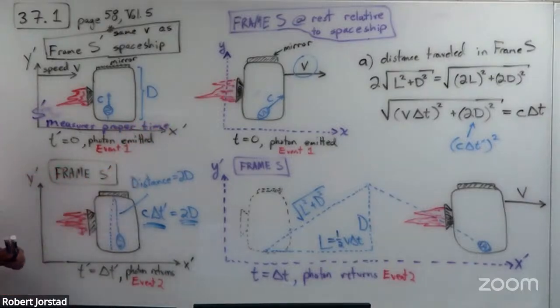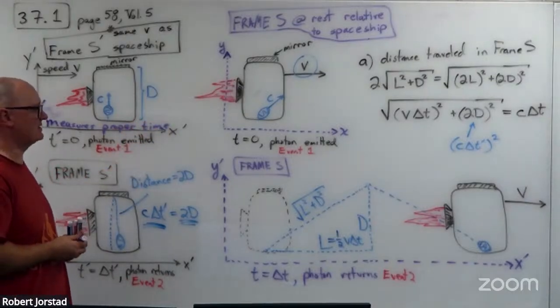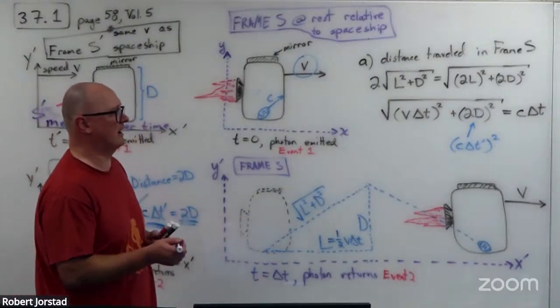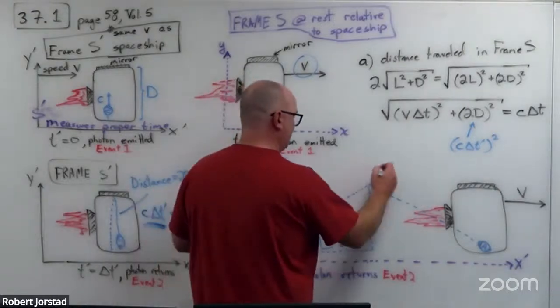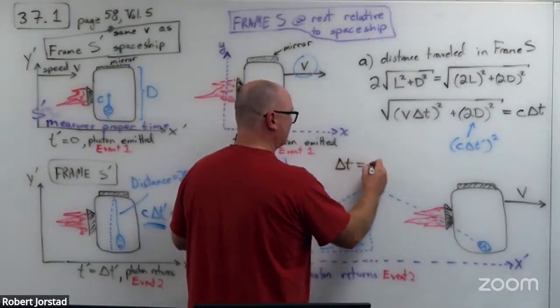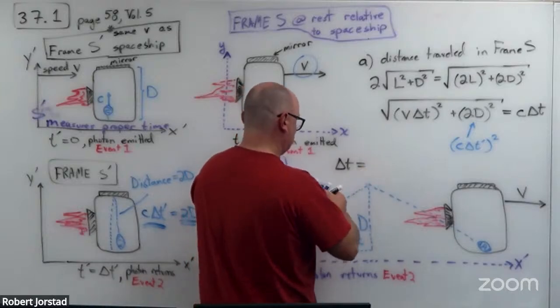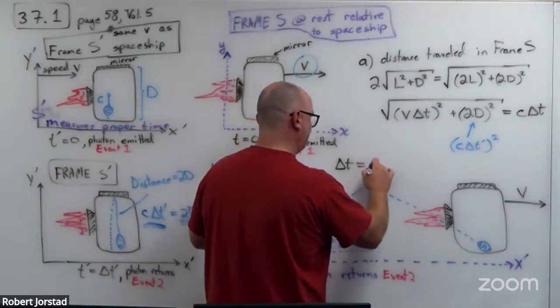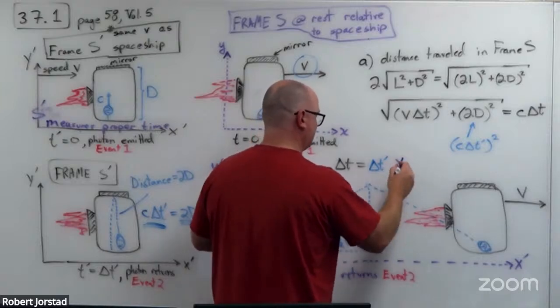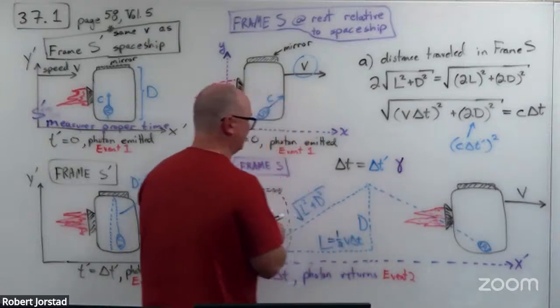Great. Now in this case, this other time ends up being a little bit longer. How do I know? We just found that delta T was equal to delta T prime times gamma. Oh man, this color choice was really bad.